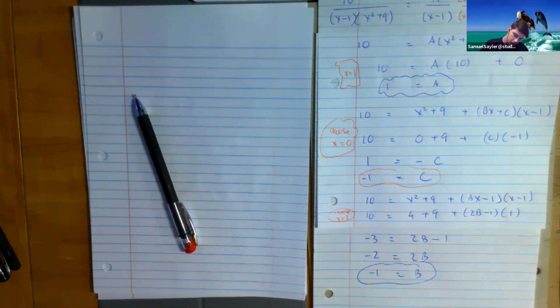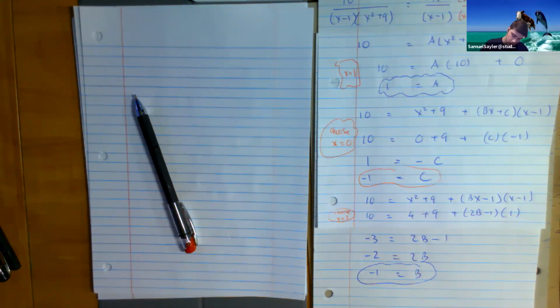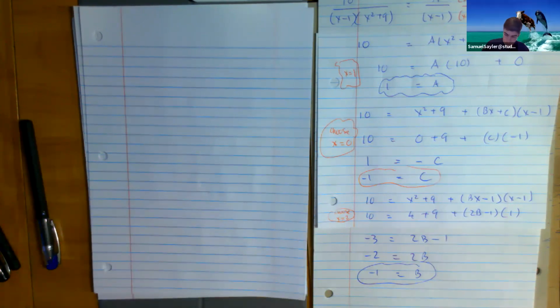So 4 and 9 become a 13 plus 2b minus 1. 13 minus 1 is 12. 10 minus 12 should be negative 2 divided by 2. Okay, yeah. Looks like we found it. Yes. Okay. So that 1 b equals negative 1.